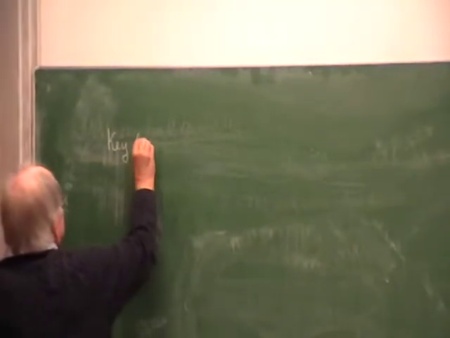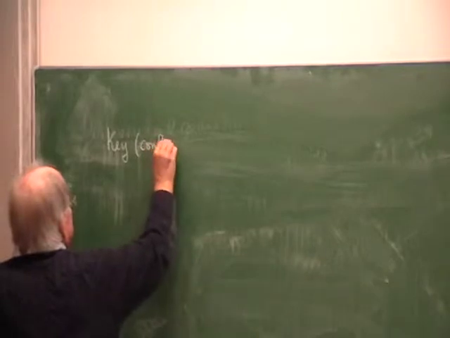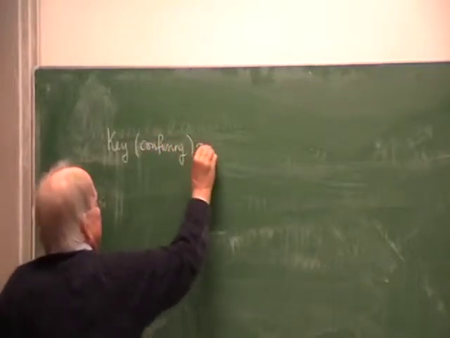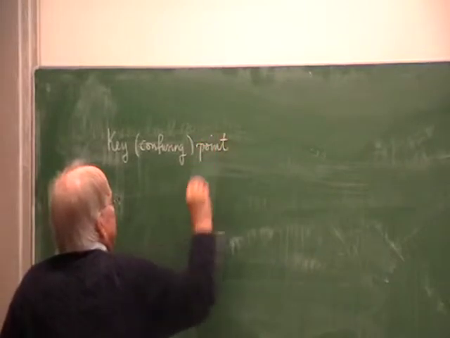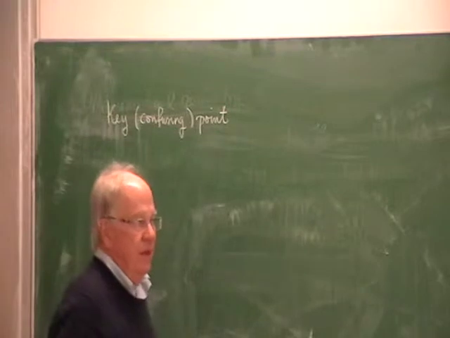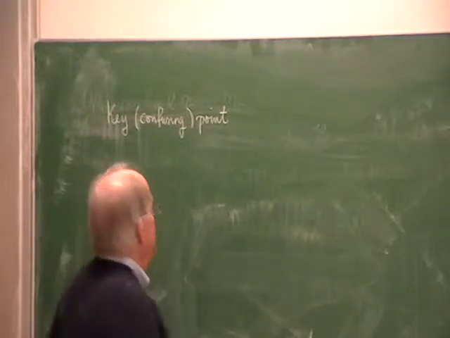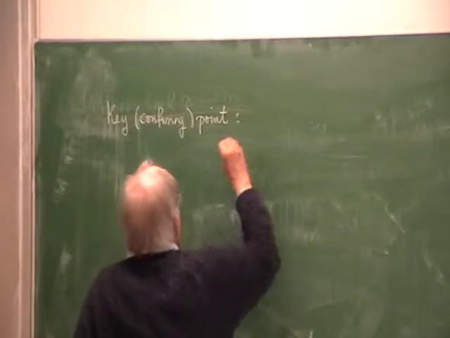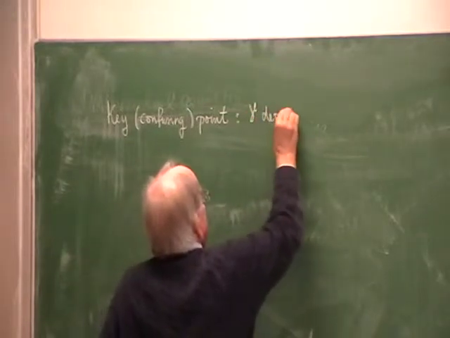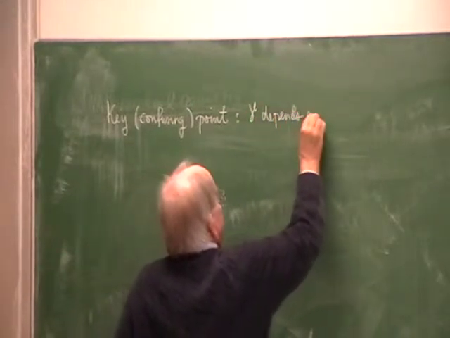A key confusing point, at least for me at the beginning of the subject, is that gamma depends on the parameterization.